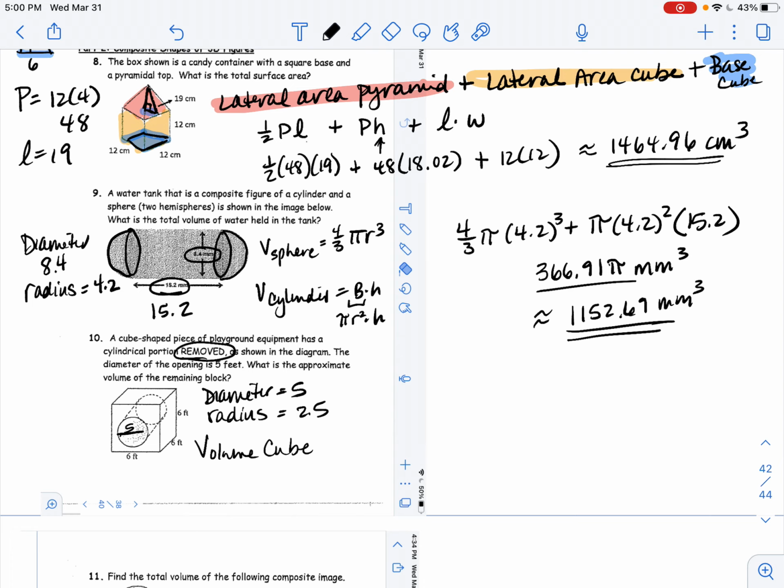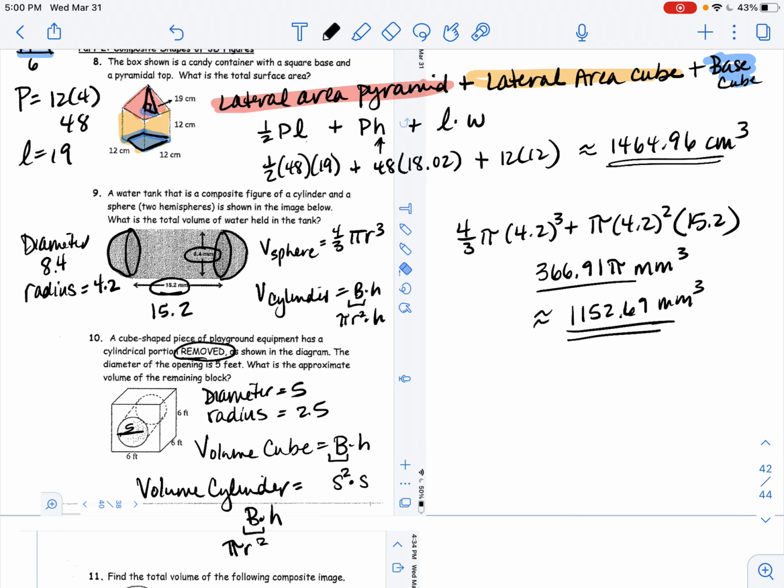So we need to find the volume of a cube. Volume of a cube is just base times height, and the base in this case is a square, so it's really side squared, and the height is also the side, so it's really side cubed. All right, and then we have the volume of a cylinder, and that is also base times height, where my base, though, is a circle, so this is pi r squared times height.